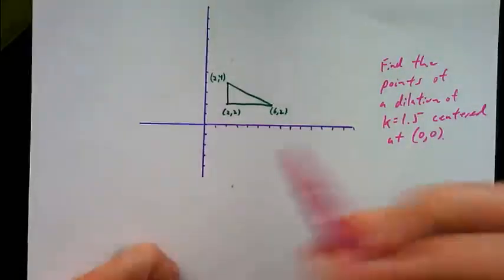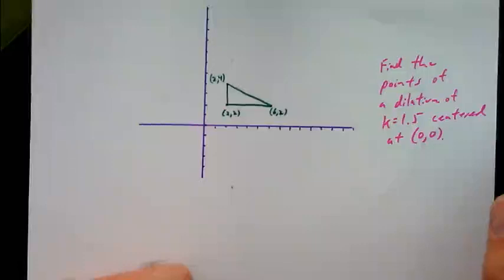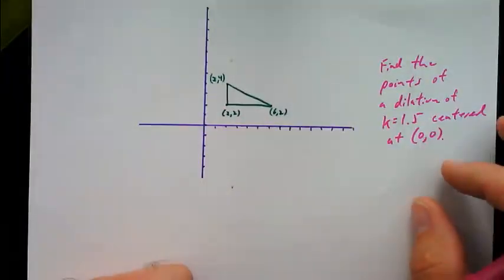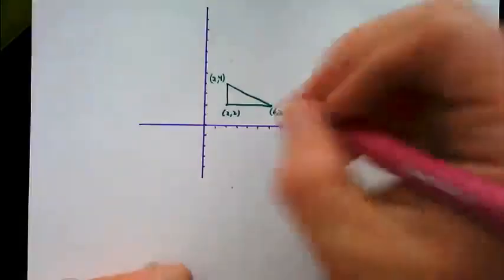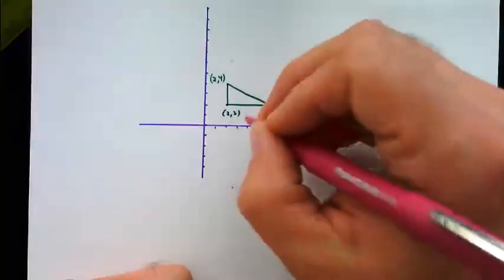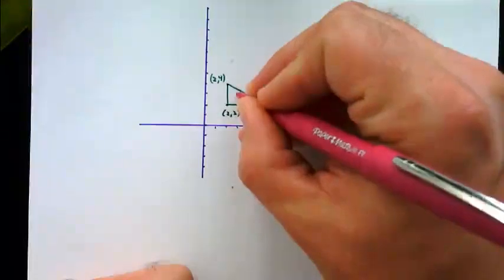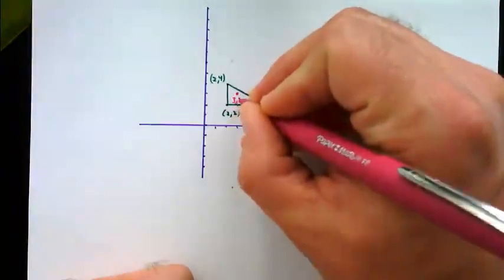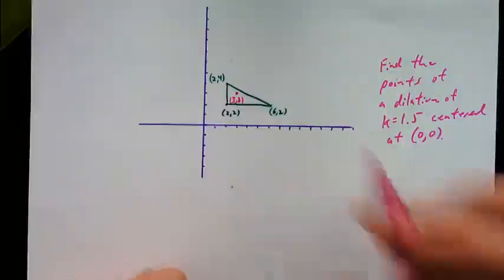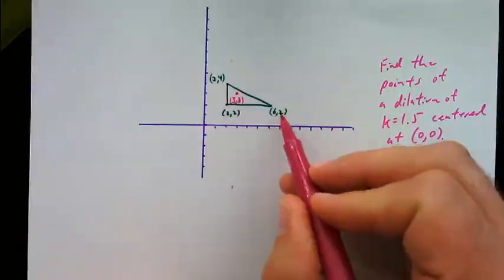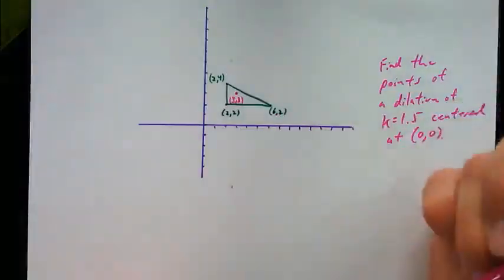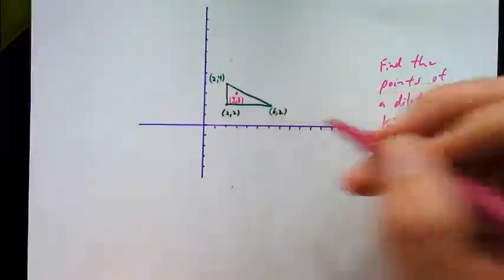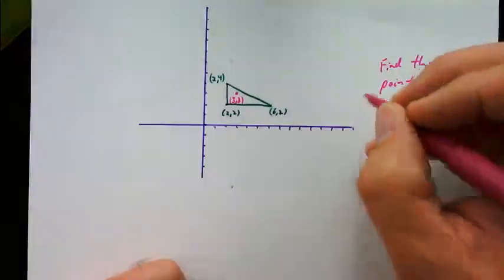If I multiply 2 by 1.5, what do we get? It's 2 times 1.5. 3. Yeah, 3. So 2, 2, and I'll be at 3, 3. Then if I take 6, 2, and multiply each of those by 1.5, 6 times 1.5 is now what? 9.